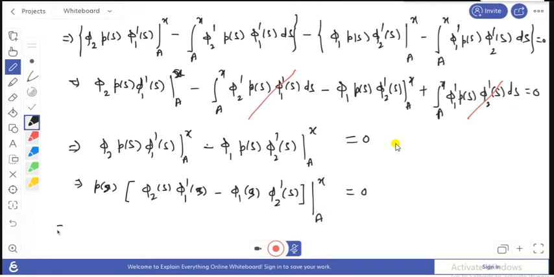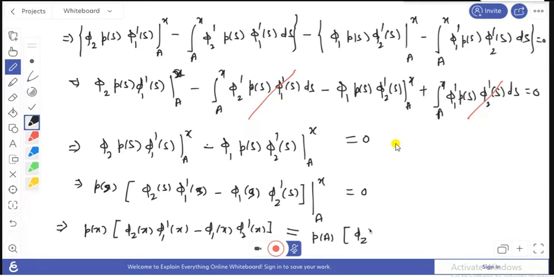So this implies you get px, and here phi 2x phi 1 prime x minus phi 1 x phi 2 prime x. This thing, and minus of a, तो minus इधर है तो उसको right hand side ले आए, so that equals p of a phi 2a phi 1 prime a minus phi 1a phi 2 prime a. This thing.